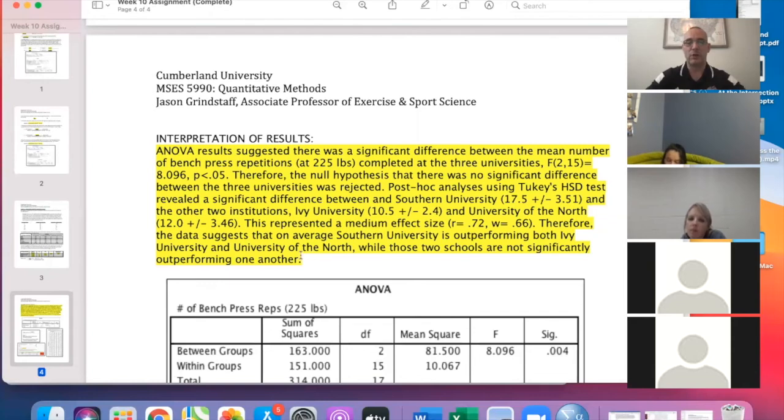There's a whole lot of information crammed into just a few sentences here. What analysis did we run? What were the results of that analysis? It gives us some descriptive statistics with our mean and our standard deviation. We run an effect size, and we also interpret our results for the person reading.